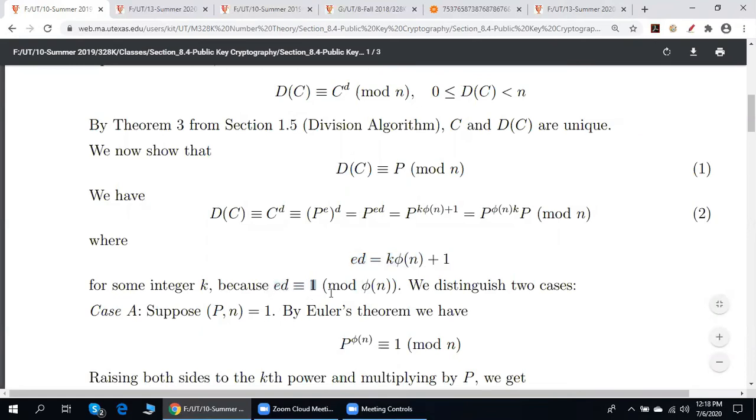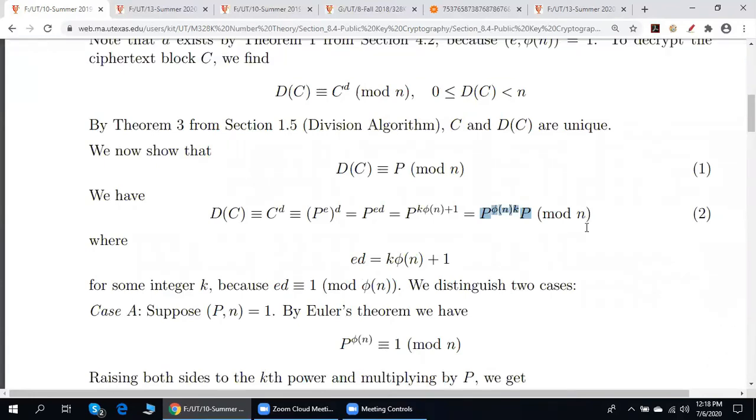Since ED is congruent to 1 modulo phi of n, ED is equal to phi of n times some integer plus 1, which is over here. So, done. C to the D is congruent to this modulo n. Once again, we are not done yet because we have to show that this is congruent to this. So, how do we show that this is congruent to this?